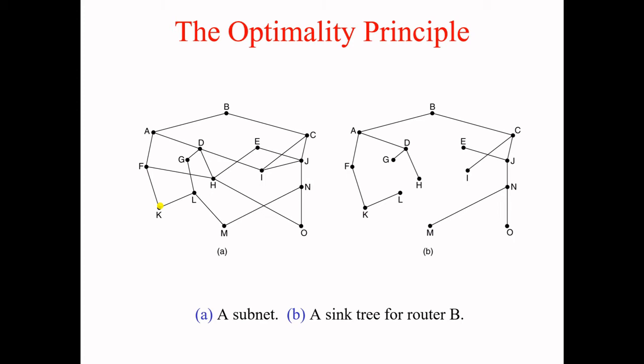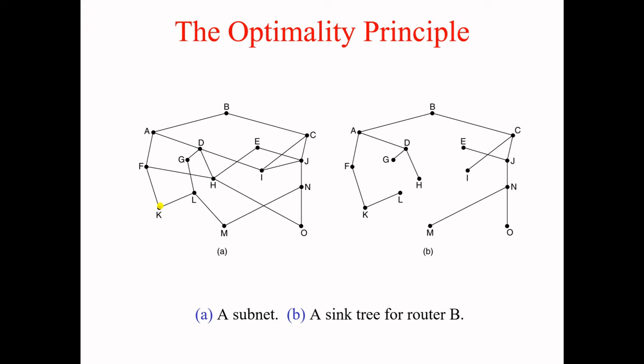Okay. So in this diagram A is showing a subnet. Subnet means a part of network, because we cannot draw the whole network on a paper. So this is the part of the network where we have to understand the concept, and part B is the sink tree for router B. What is a sink tree?